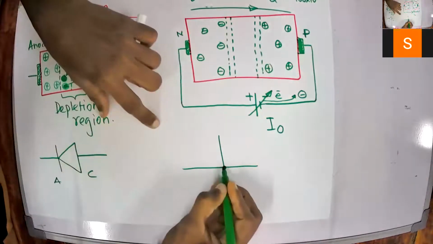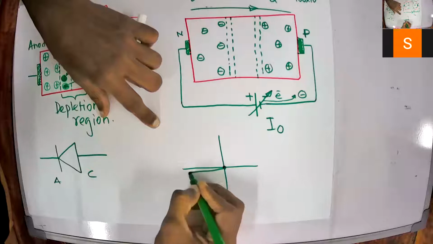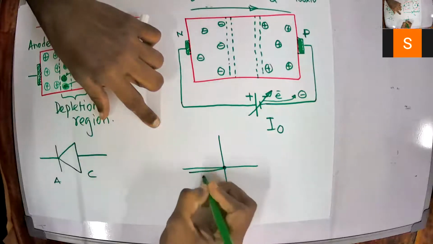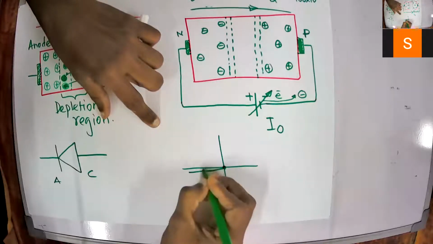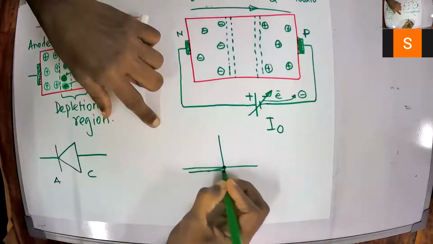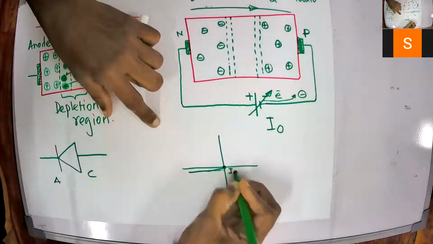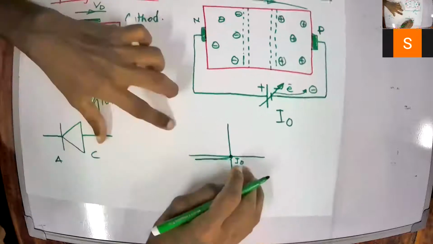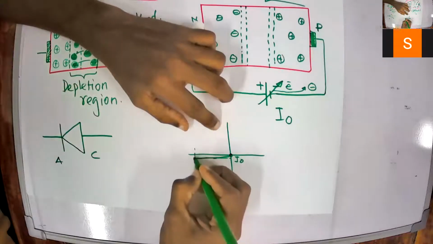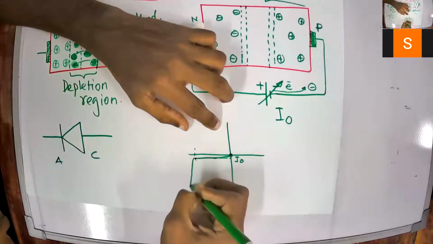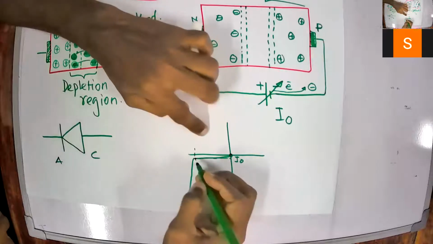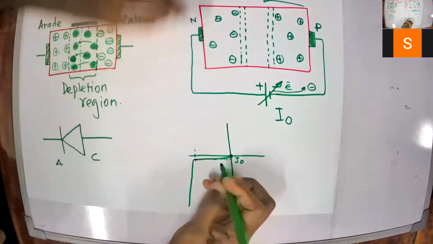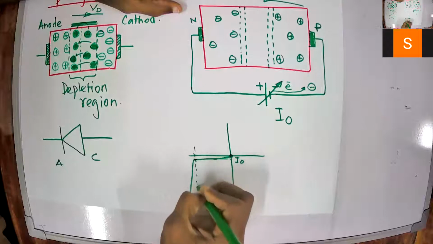So if I apply negative to positive and positive to negative, at this stage I will have a small leakage current, as I said earlier. This will be I naught, in terms of microamps or nanoamps. But at a certain voltage, there will be a sudden carrier multiplication, and current will be rapidly and massively increasing.